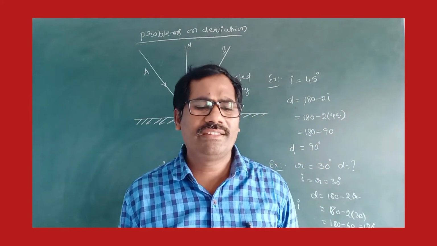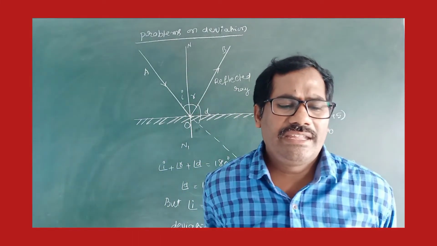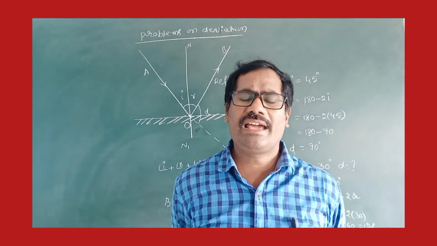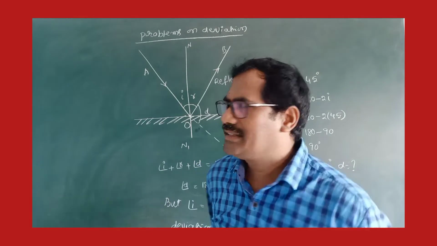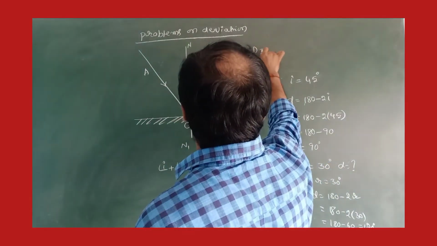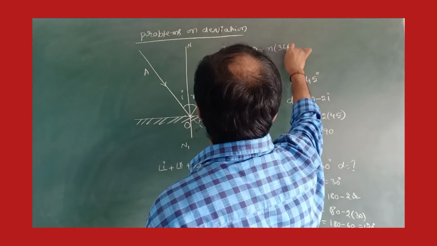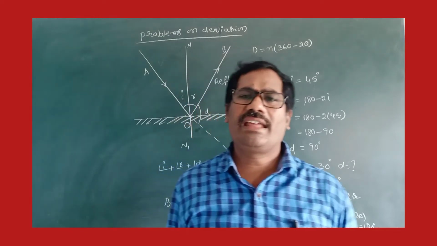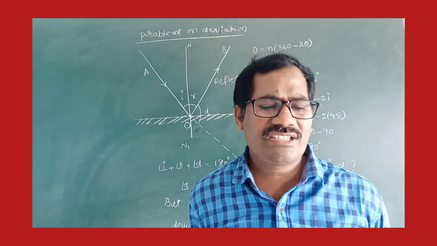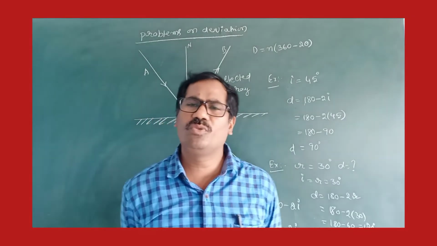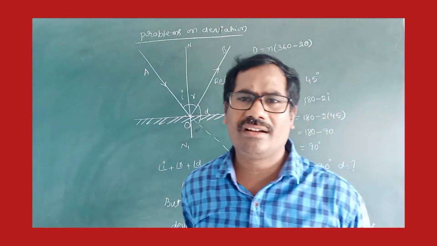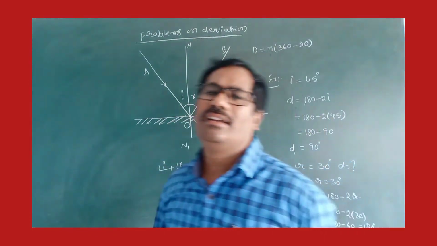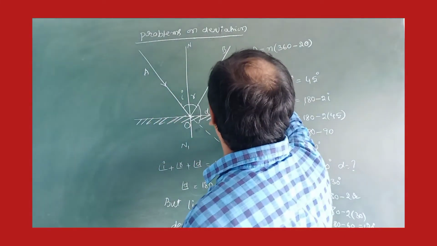The deviation D produced by n reflections from two plane mirrors inclined at an angle theta is D equal to n into 360 minus 2 theta.